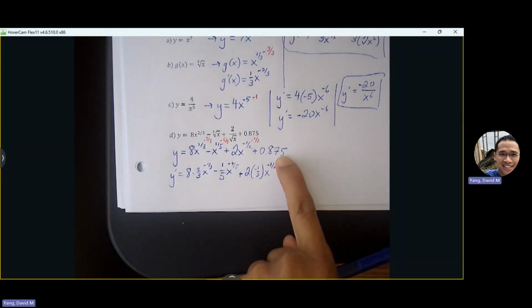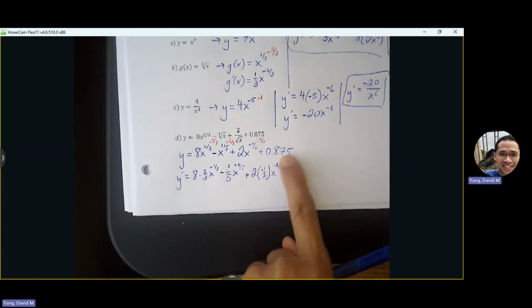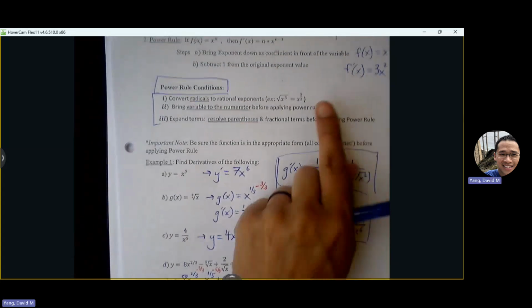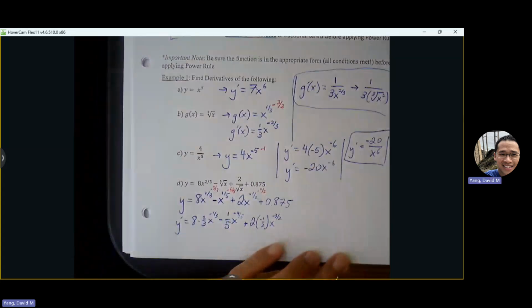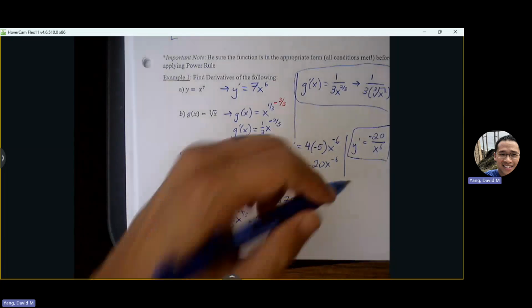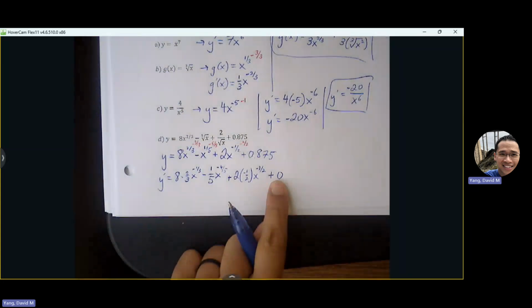What's going to happen to this? What's the derivative of a constant? 0. Yeah. So think of 0.875 as just some standalone horizontal line, and that horizontal line is just going to zero out because the slope of a horizontal line is always 0. So I'll put a 0 here, but you could just leave it blank and not have anything there.